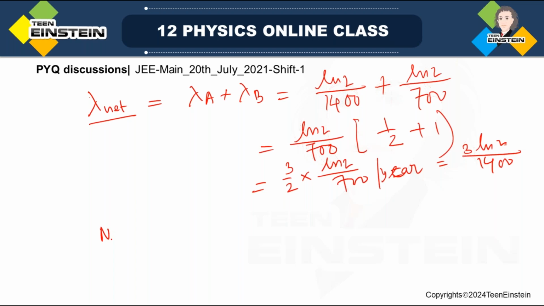Now with this disintegration constant, if the material is getting decayed, then n will be n0 by 3 at lambda net into t. So from here I can find out the time. This n0 I can strike out, and this is ln3 minus lambda net into t.